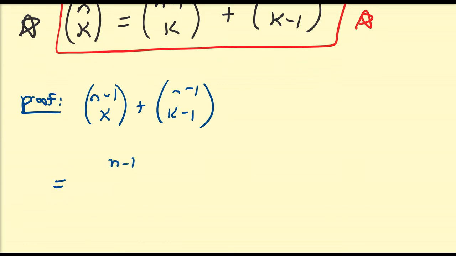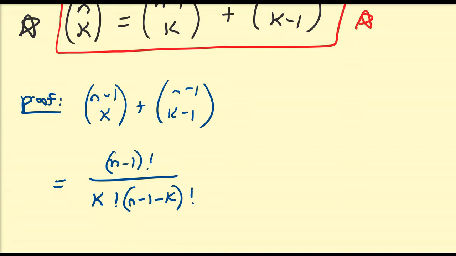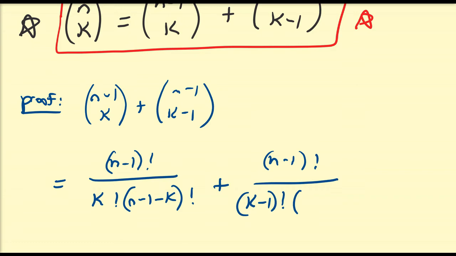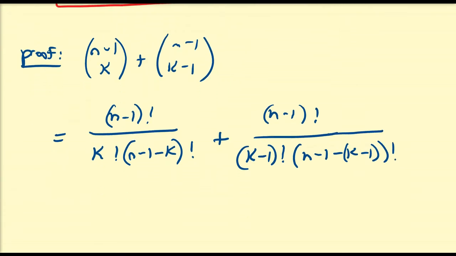So this is going to be n minus 1 factorial over k factorial times n minus 1 minus k factorial plus n minus 1 factorial over k minus 1 factorial times n minus 1 minus k minus 1 factorial. Right, be careful with that.